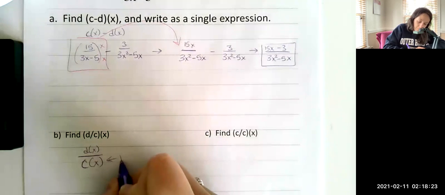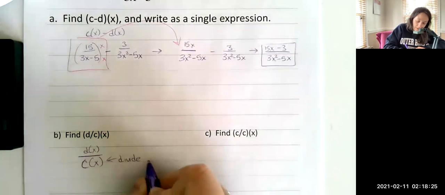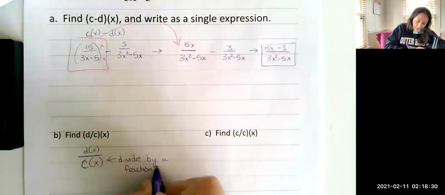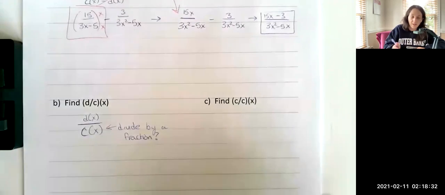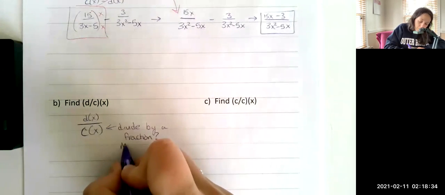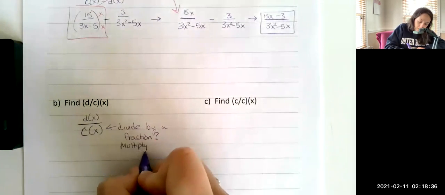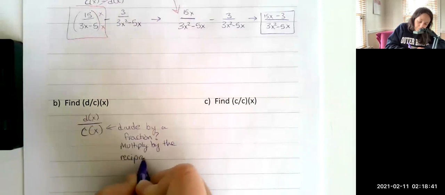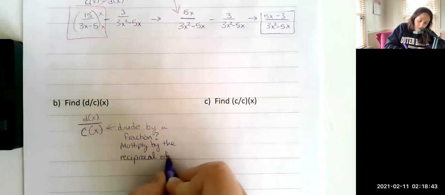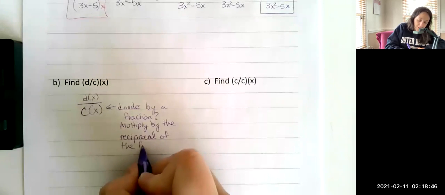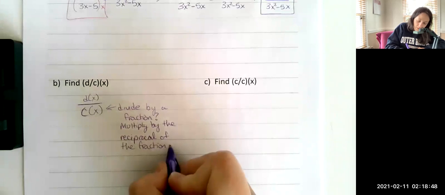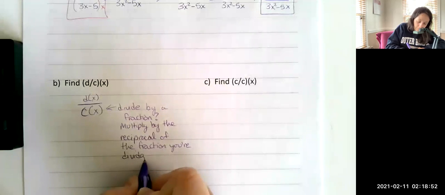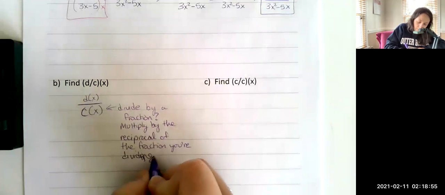Well, if at any point you are dividing by a fraction, the proper method is what's called multiplying by the reciprocal of the fraction you're dividing by. How do you spell dividing? There we go.